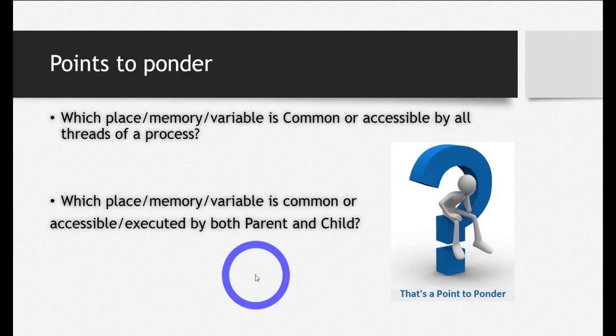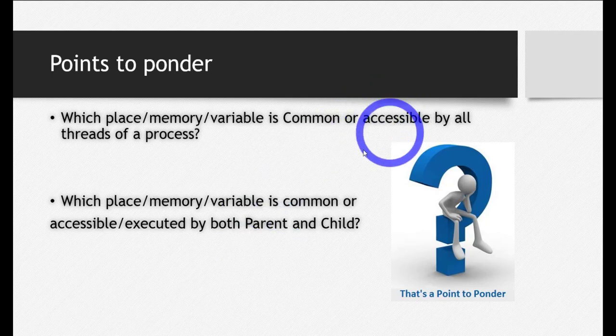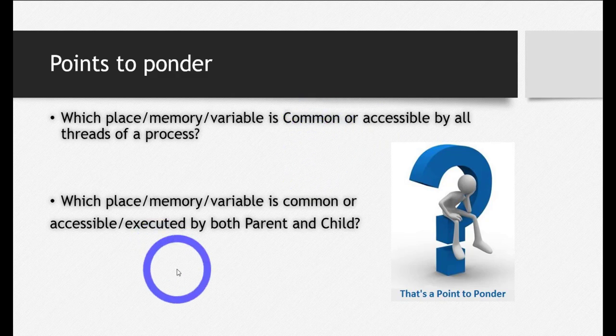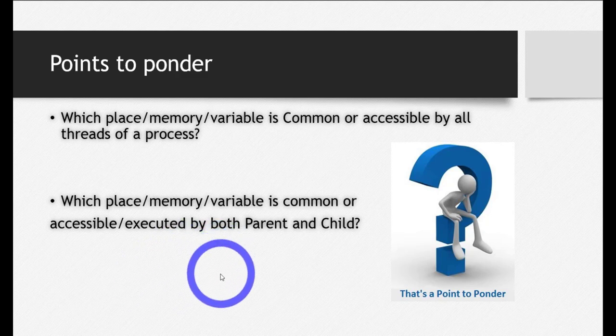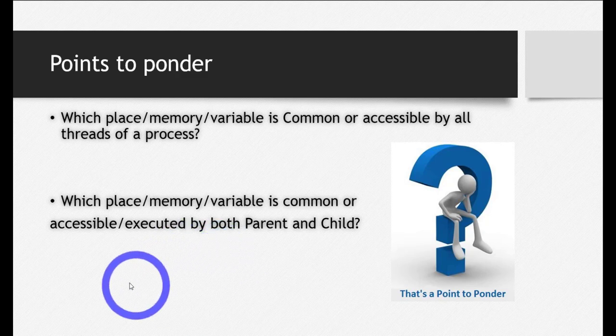So that means we have to declare the variable semaphore also in a place which is common or accessible by all the threads of a process or all the processes. Why? Because it depends on the value of semaphore whether a process or thread will use the critical section or not. So semaphore should be in a place which is accessible by all, so that when its value is modified, all the processes can see whether they can access the critical section or not.